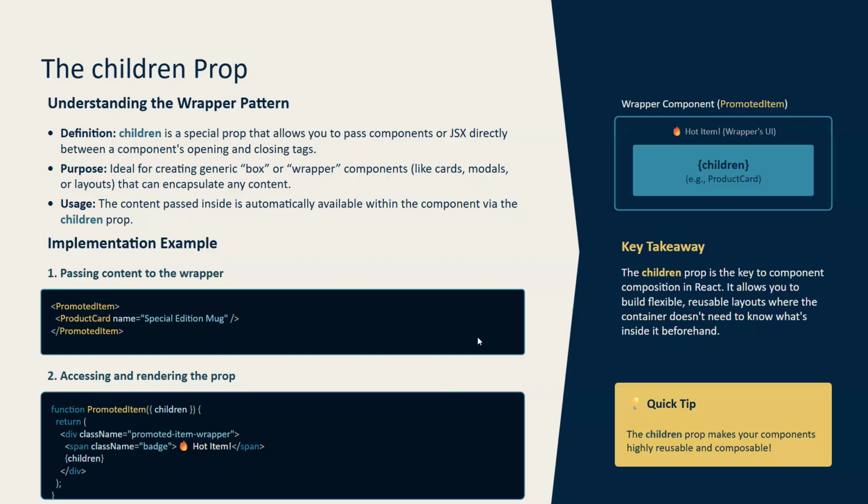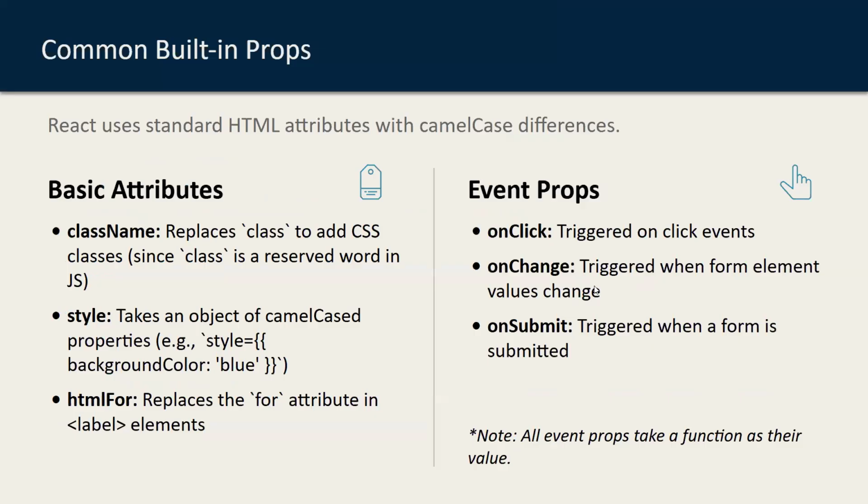And then finally, let's take a look at some built-in props. React uses many HTML attributes which would be familiar, but a few of them are written slightly differently in JSX. For example, className replaces class when you want to add CSS classes.